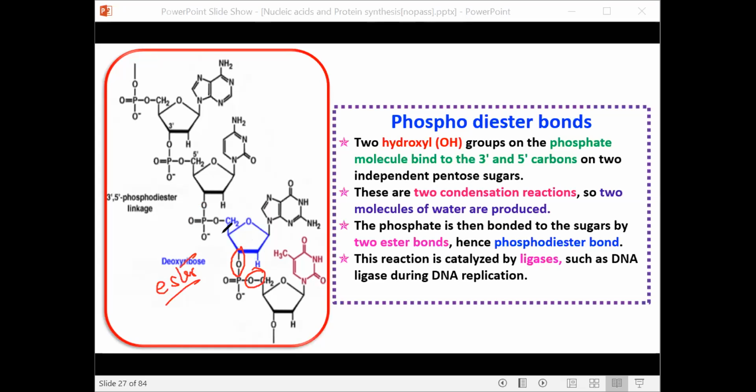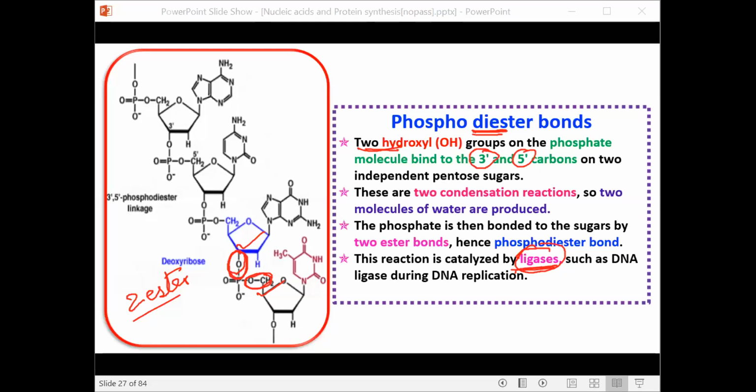Since there are two ester linkages occurring with the phosphate, it is called phosphodiester. What happened? Can you speak up? Clear? Ligase enzymes are those which act like Fevicol, joining things. Okay.